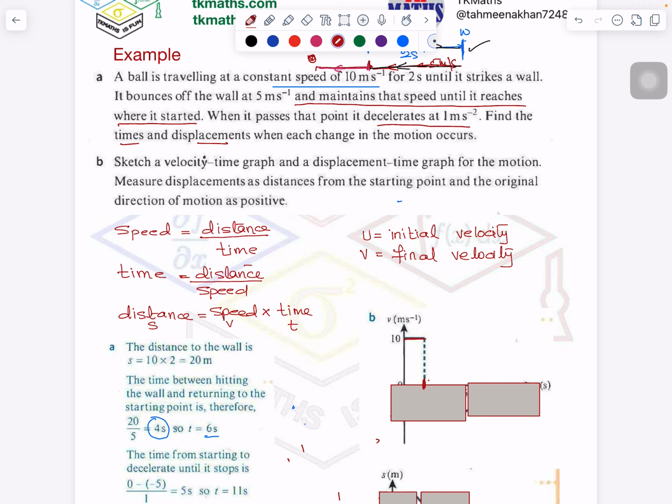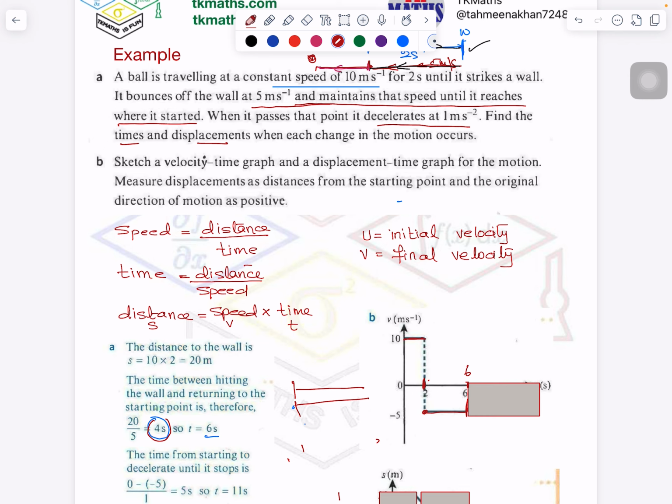When it bounces back, the speed is 5 meter per second. So you will draw this line at 5 meter per second from here onward. And we have seen that for the next 4 seconds, it takes time to come back to the starting point. So this line will end here and we will write 6 here, because 2 plus 4 is 6.